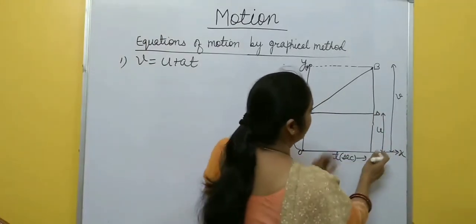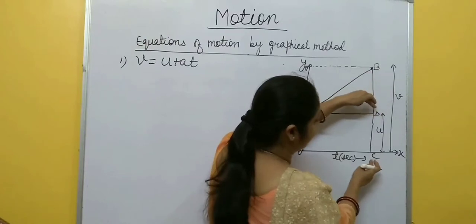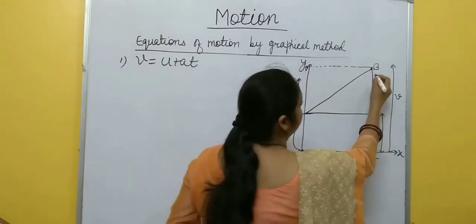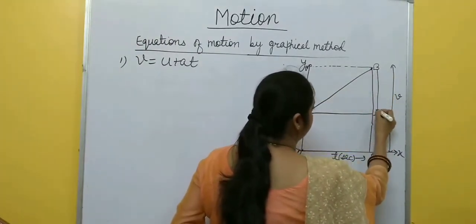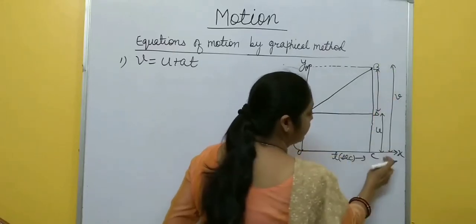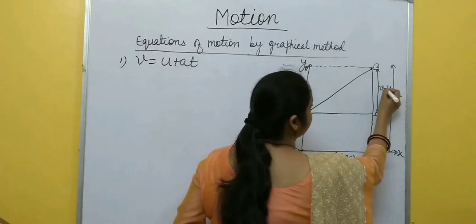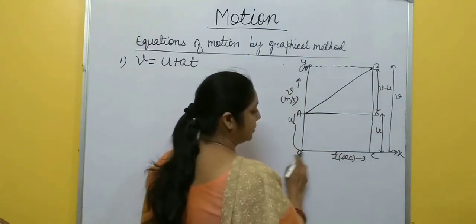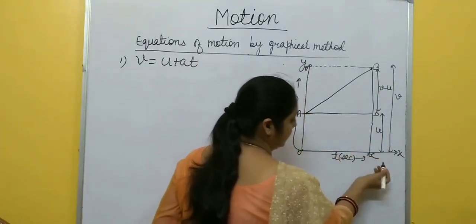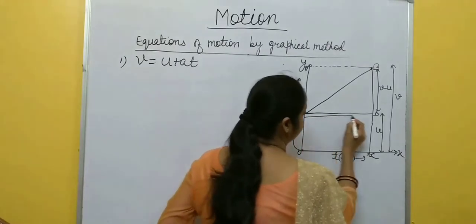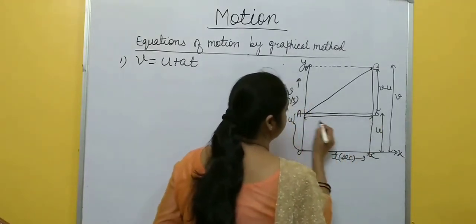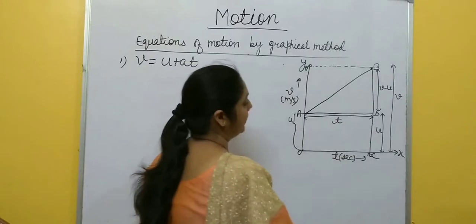So this whole BC is v and CD is u. Then BD becomes what? This BD becomes v minus u. And from 0 up to time t. So this distance is what? t minus 0 means t, right?